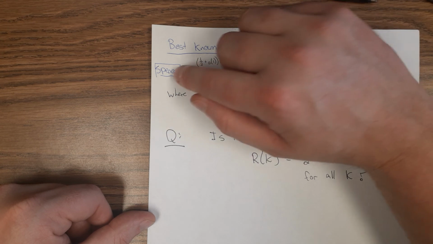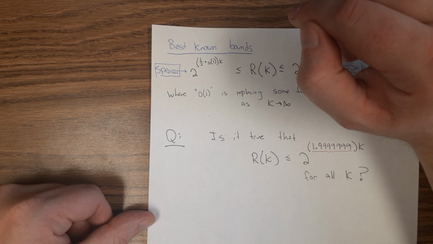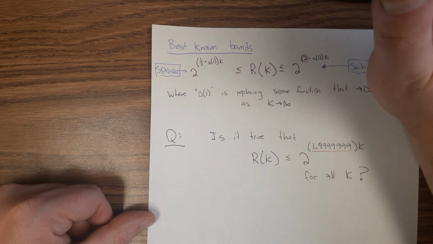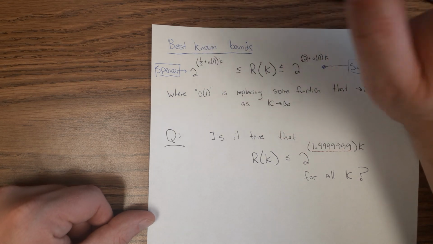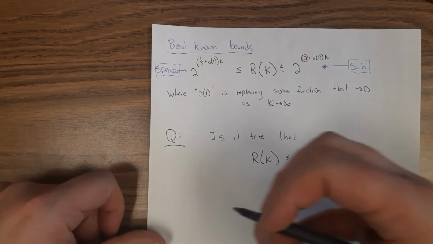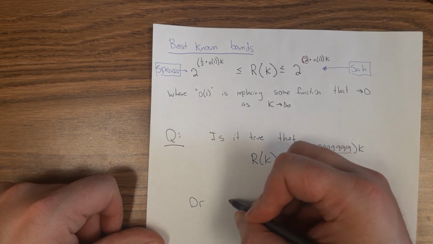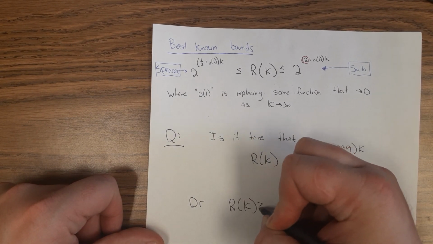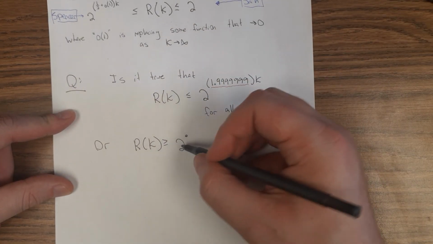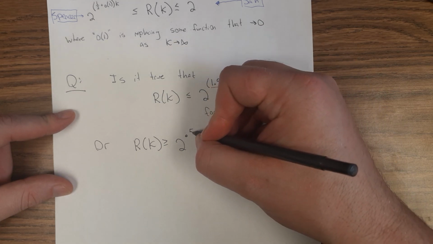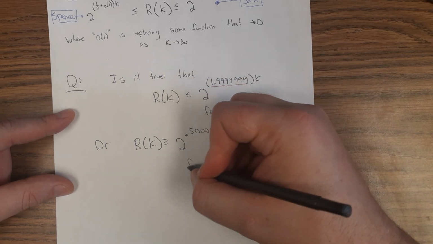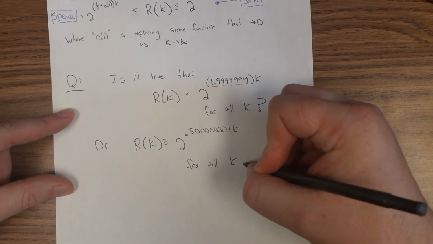Here the best known bound has not been improved in many years, I think since maybe the 70s. The best known bound is somewhat better than the one that we showed, but not in a meaningful way, in the sense that we also don't know this. It would be nice to know that r of k is greater than or equal to, say, 2 to the 0.50000001k for all k.